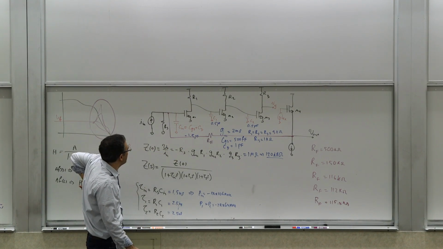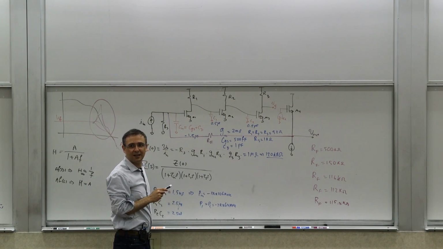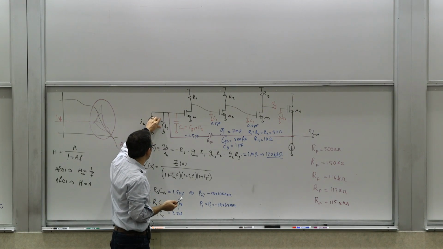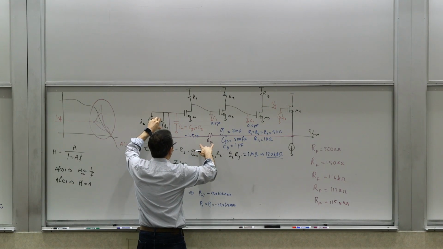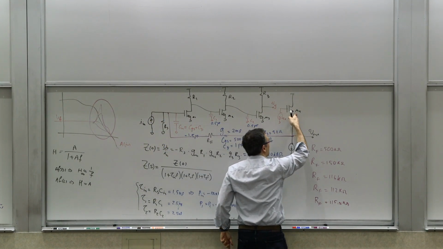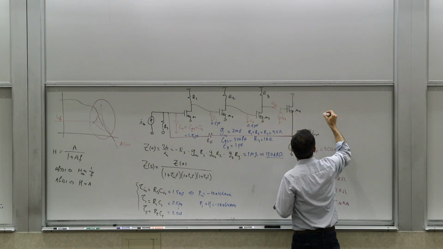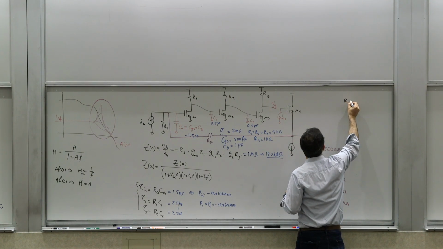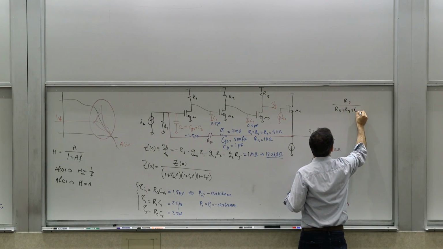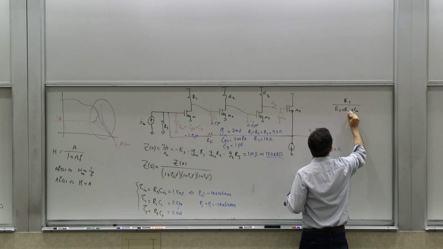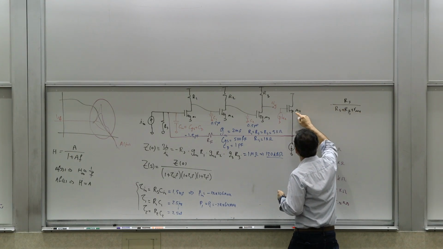What we really care about is the voltage gain from here to here. That voltage gain is the resistive divider between RS and RF plus RM4. So it's RS divided by RS plus RF plus RM4. That's the gain of that follower stage.